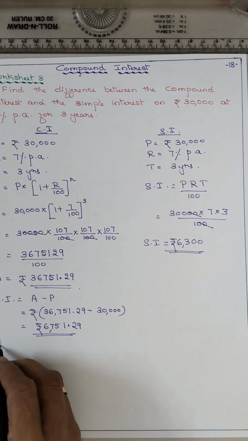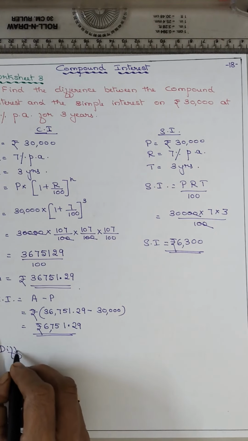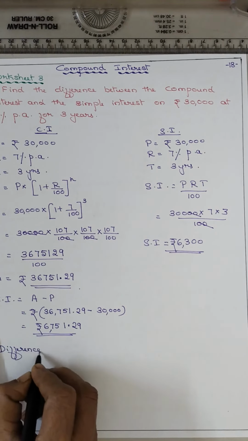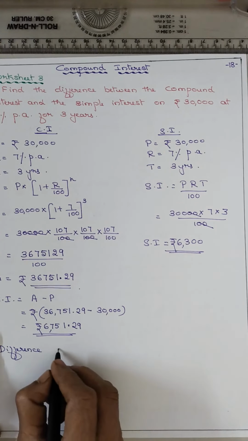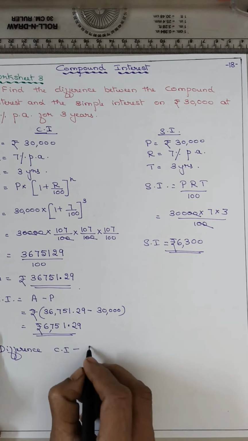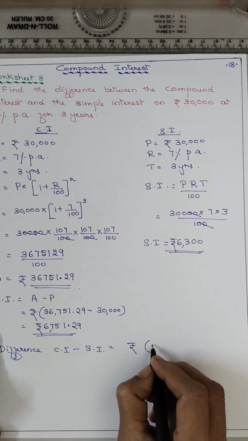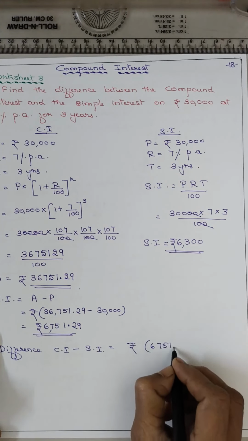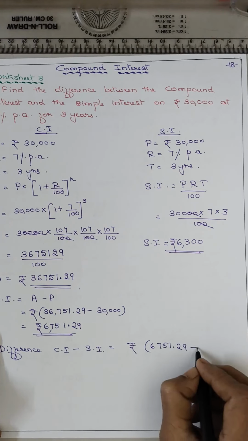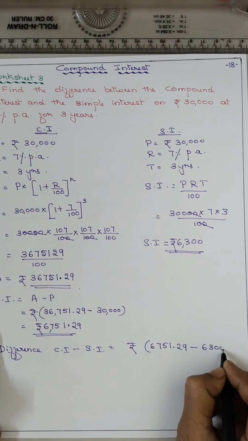So difference between CI and SI, CI minus SI, 6751.29 minus 6300.